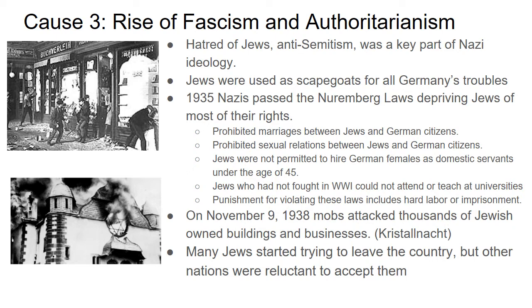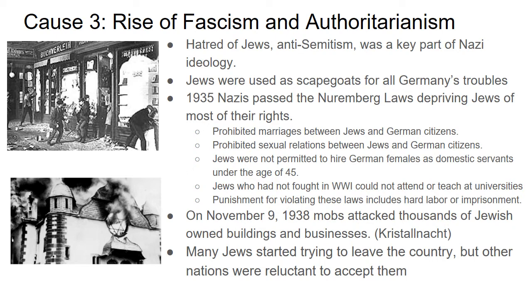Any Jews who had not fought in World War I were then prohibited from teaching in universities. So many Jewish intellectuals lost their jobs. And eventually, that allowance of having fought in World War I was also removed. And so all Jewish intellectuals were expelled from university.